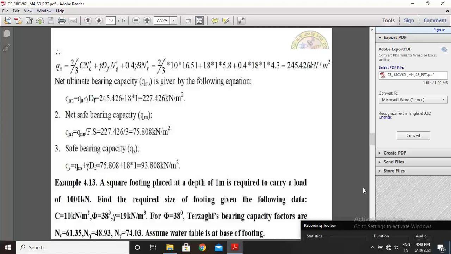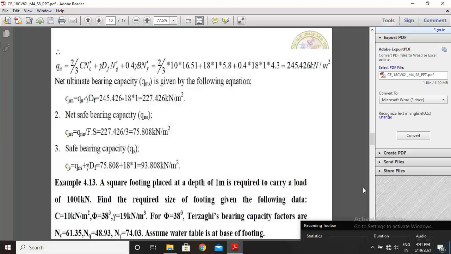C is 10 kilonewton per meter square, phi is 38 degree, gamma is 19 kilonewton per cubic meter. For phi equal to 38 degree, Terzaghi's bearing capacity factors are NC equal to 61.35, NQ equal to 48.93, N gamma equal to 74.0. Assume water table is at the base of footing.